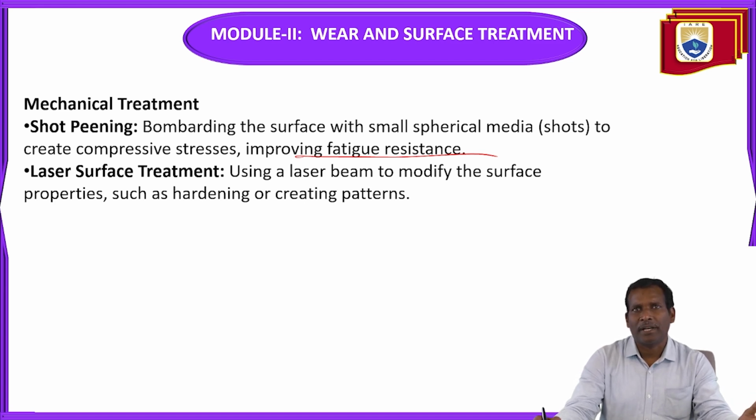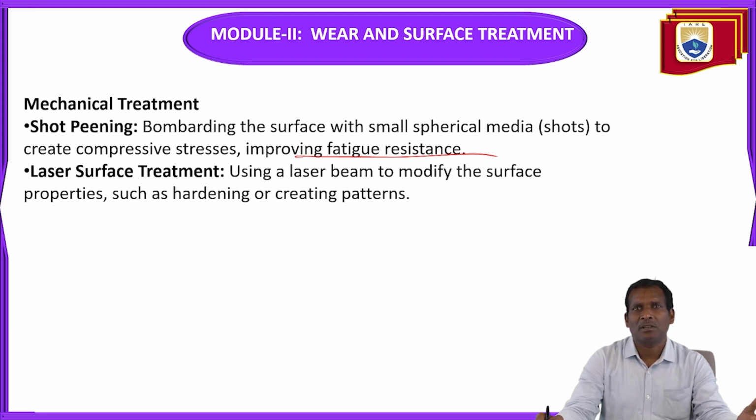Whenever a component or material is subjected to cyclic stresses or cyclic loads, small cracks are possible after a certain number of cycles. After a certain number of cycles, the crack initiation will be formed.